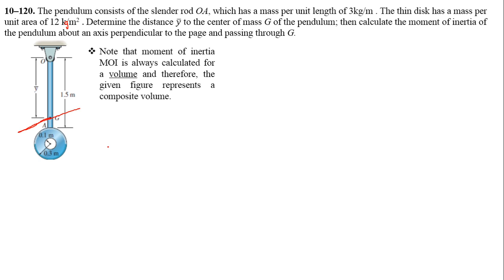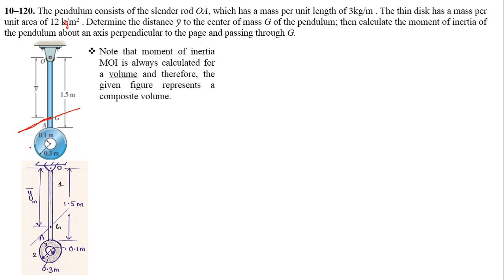The last problem that we did from chapter number 10 was related to the second moment of area, and second moment of area is always calculated for the cross section. But moment of inertia is not related in any way with the cross section area. It is related with the volume.